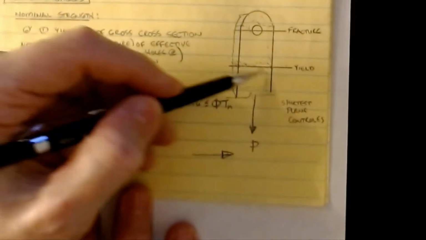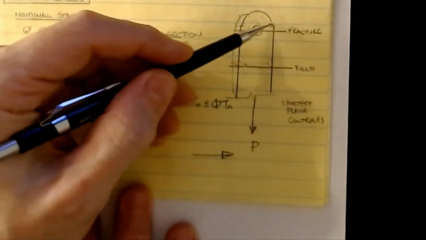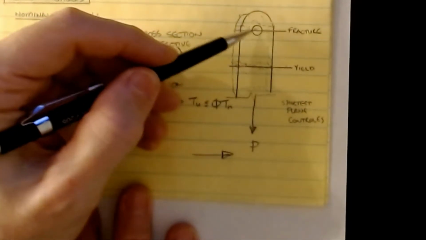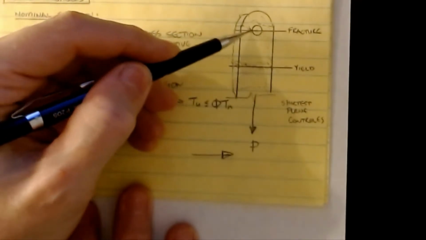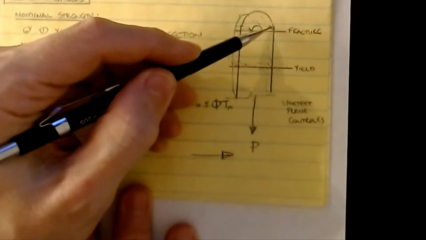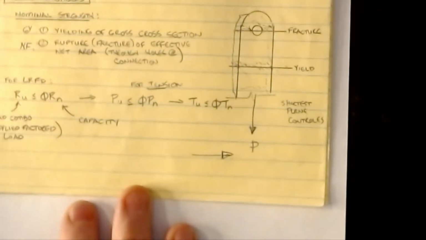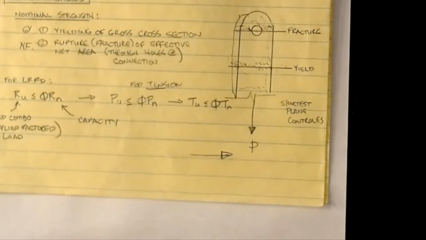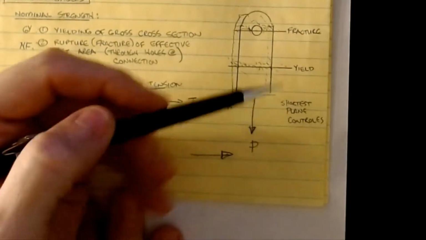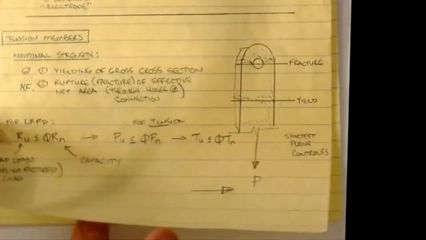If this is the gross area, you can see clearly that the smallest area corresponds to the center of the hole, and the hole is an opening, meaning there's no material, so I would have a region that's here, and then a region that's here, that are being subjected to the load potentially. Okay, and there are more considerations to this when we get into shear lag, but in general, that's what we're looking at. So typically, we're going to consider both cases whenever we design a tension member.